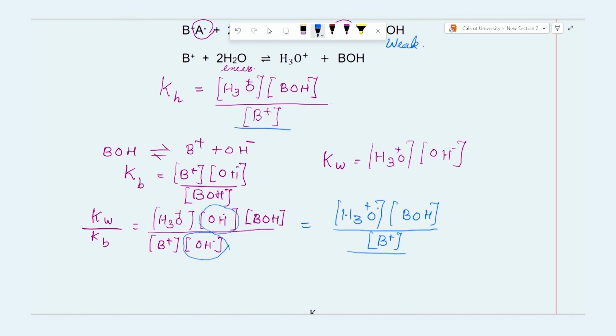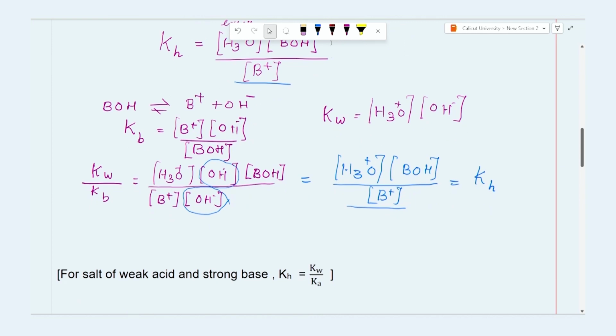What does it mean? Kw by Kb results in the expression of KH. So, I can write the expression for KH as KH is equal to Kw by Kb. We have lots of expressions for the hydrolysis constant for different salts.